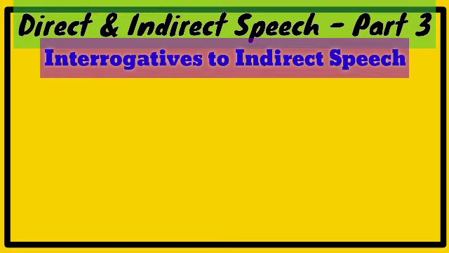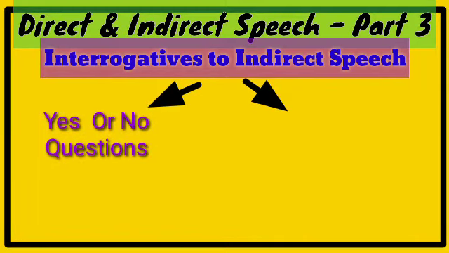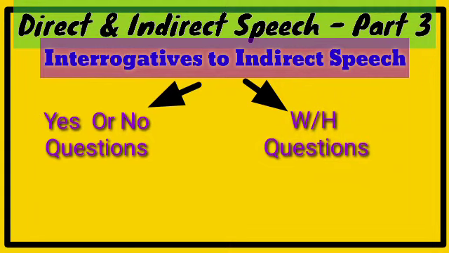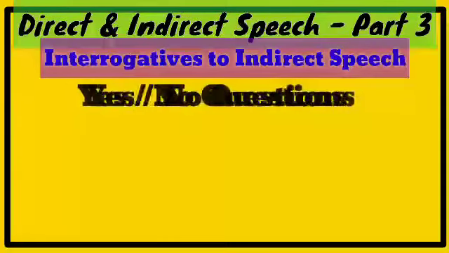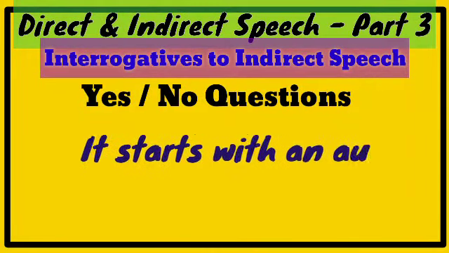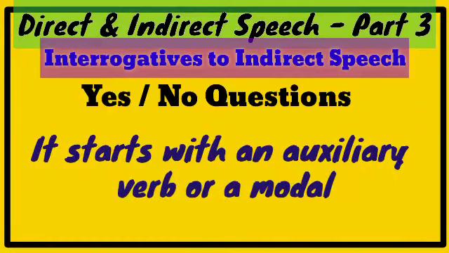All of you know that an interrogative sentence asks a question and expects a reply. There are two kinds of questions. First one is yes or no questions. Second one is WH questions. At first, let us know what is yes or no questions. Yes or no questions are the questions that start with a helping verb or an auxiliary verb or a modal.